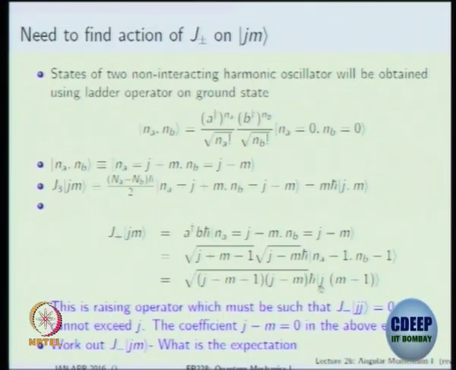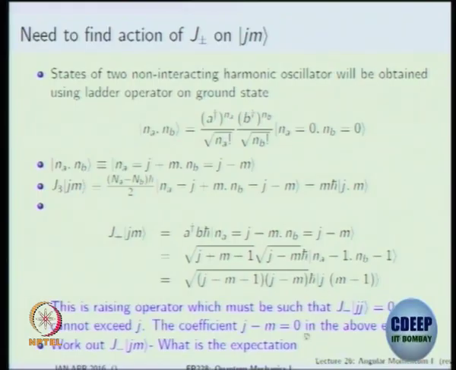The J does not change, and you have rewritten all these Na eigenvalues and Nb eigenvalues in terms of J plus M and J minus M. And this is a raising operator which has this property that there is an upper cutoff as M cannot exceed J. And you see this naturally. When you do this, you do see that when M equals J, this term becomes 0.